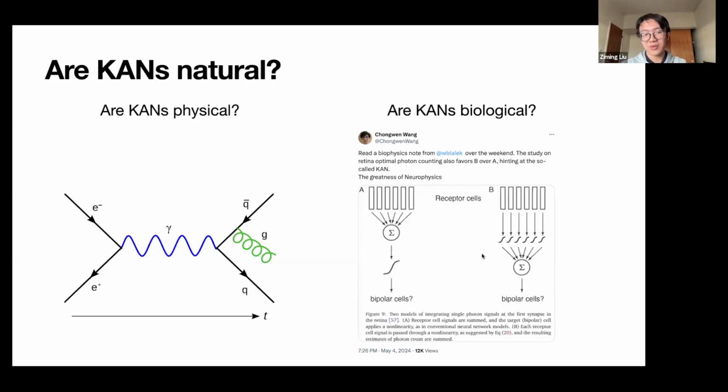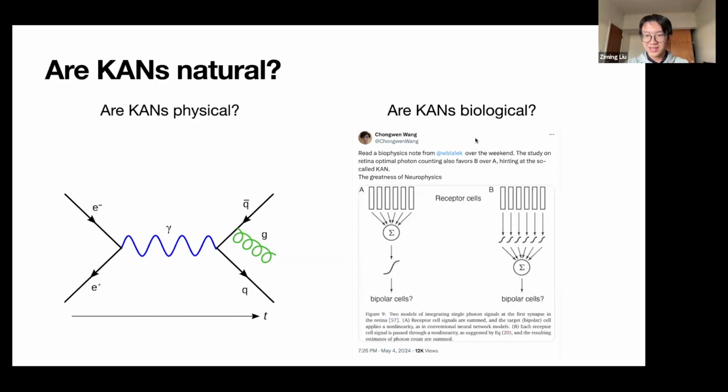Although we are more familiar with the particle representation, the interaction can be quite complicated. And also people ask, are KANs biological? Because when we say neural networks, we kind of imagine that they are inspired from the neurons in our brains.